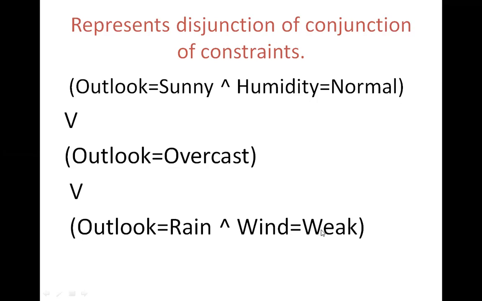Then also play tennis is yes. In the rest of the cases, it is no. So we have arrived at a decision tree and it can be represented like this. This representation is nothing but the decision tree itself. Is it clear? It is nothing but a disjunction of conjunction of constraints, and or.